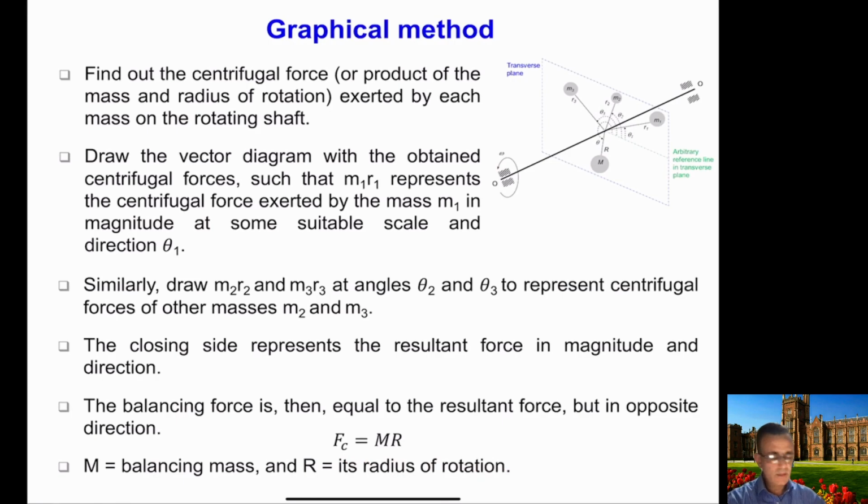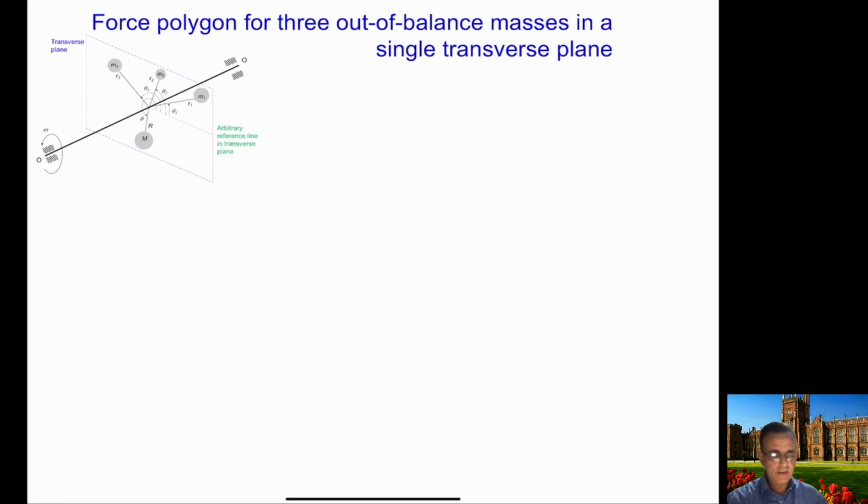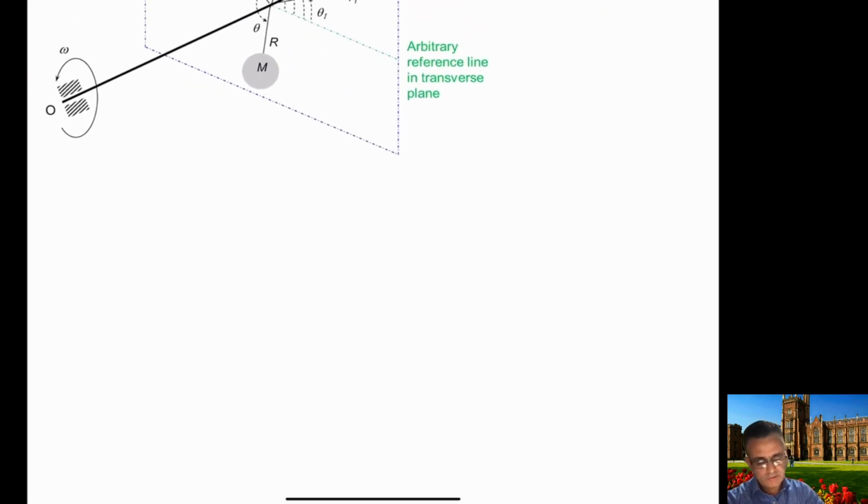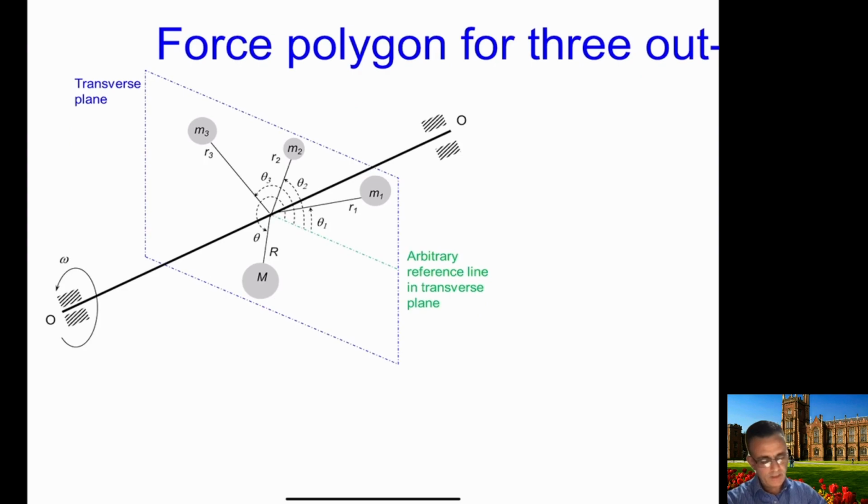So now we will try to do this using the graphical procedure here. So for example, if you have these three masses here, m1, m2 and m3, obviously the centrifugal force of mass m1 is in this direction here.